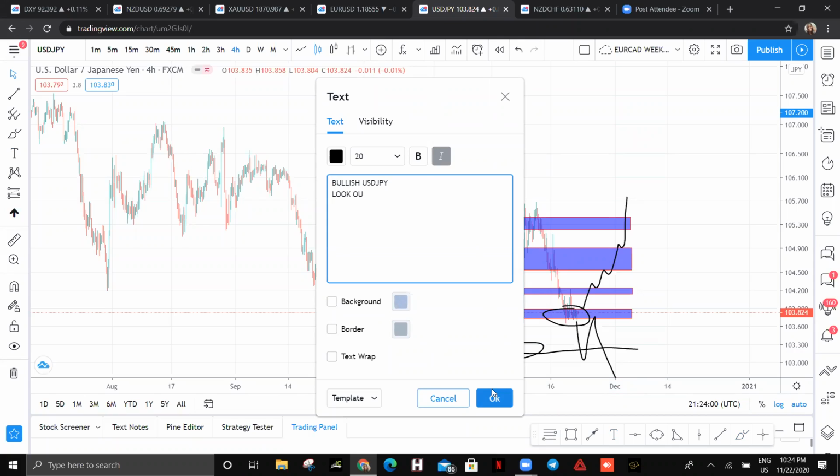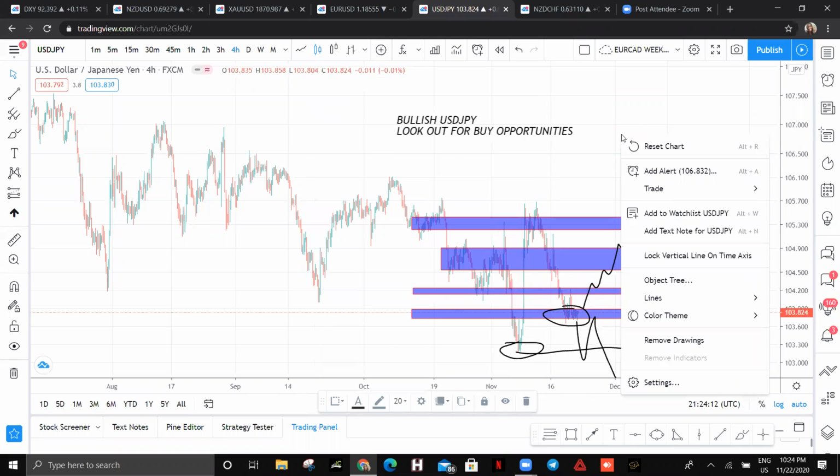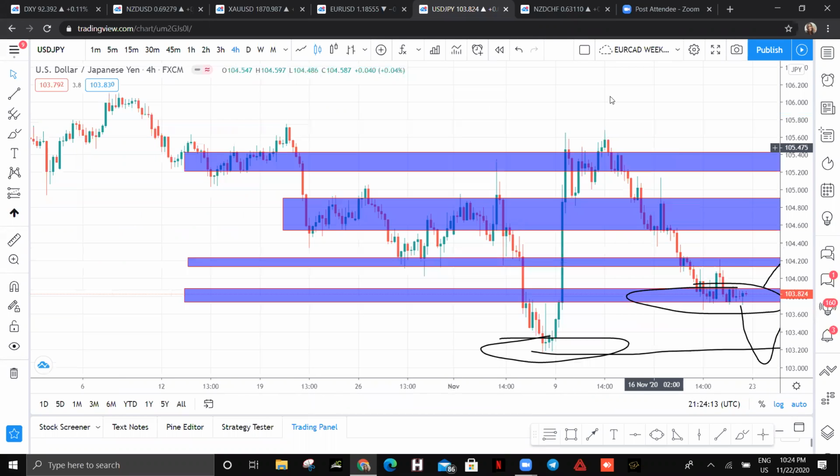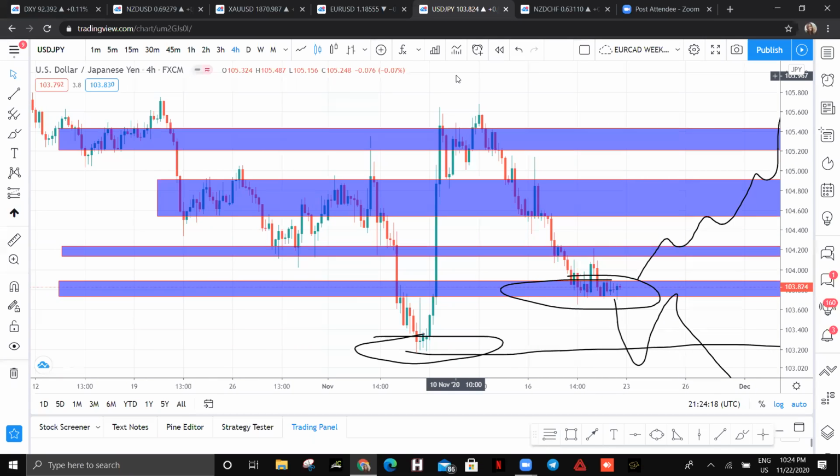Look out for buy opportunities. So this is my analysis for USD/JPY. I'm expecting the price to go up.